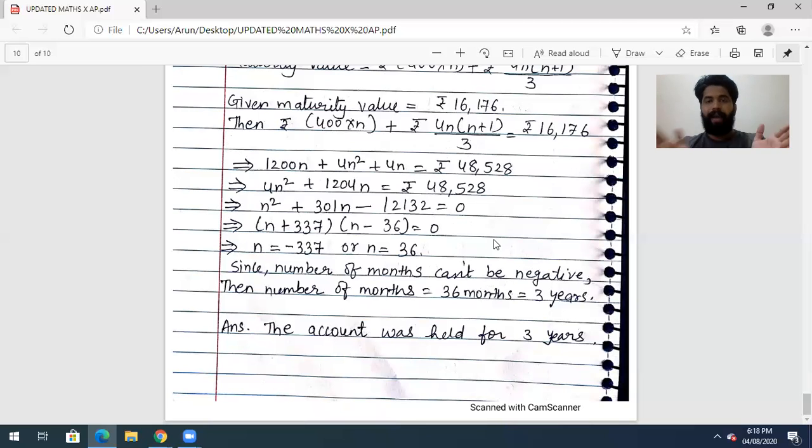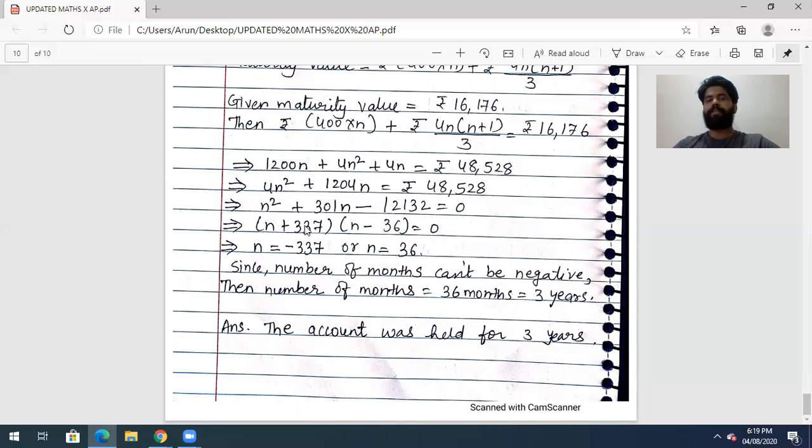Now we have to split the middle term, and you will be splitting the middle term using factorization. So first number into last number. So 1 into 12132 gives us 12132. Have to think of two numbers whose multiplication gives you 12132 and their difference is 301. So the numbers on factorization you will get as 337 and 36.